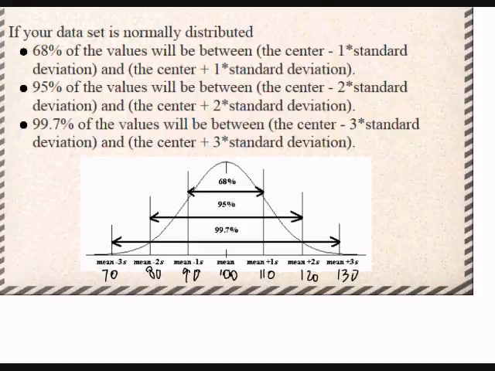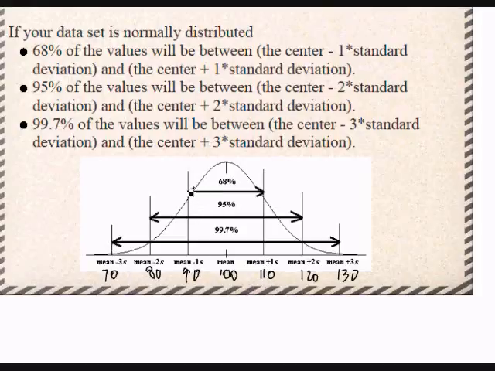And on a normal distribution, 68% of the values that you have collected are going to be between the mean minus the standard deviation and the mean plus the standard deviation.